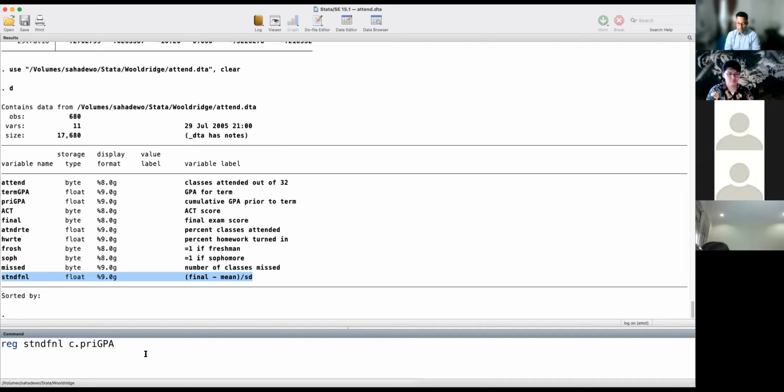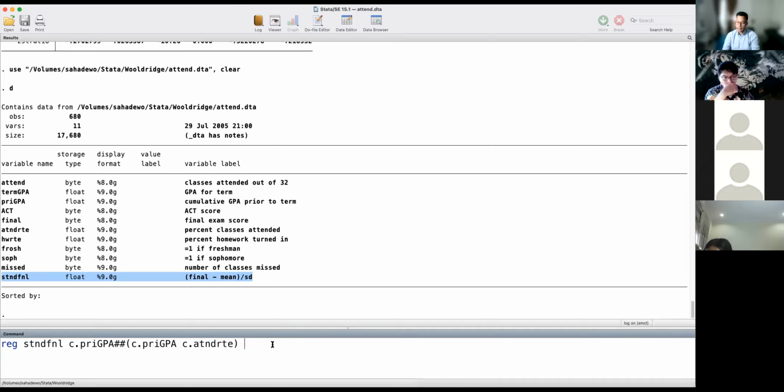Okay. Now I'm going to do a double hashtag. Double hashtag means that I'm going to regress standardized final on prior GPA and then prior GPA multiplied by prior GPA. So basically it's prior GPA and then the square of prior GPA. I'm also going to regress it on attendance rate and then the interaction between prior GPA as well as attendance rate.